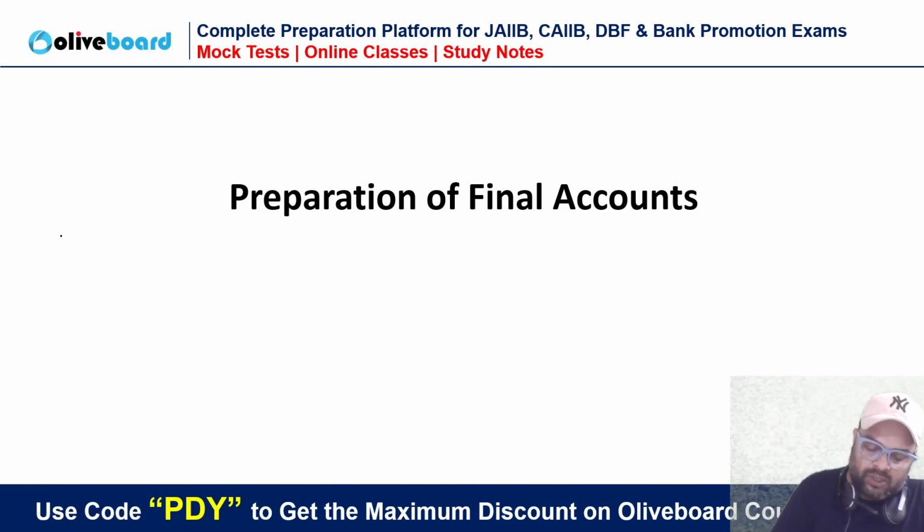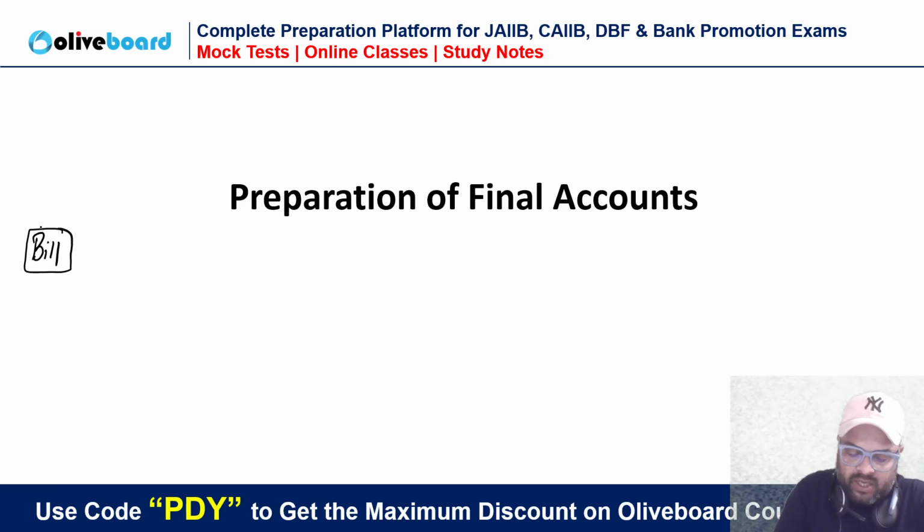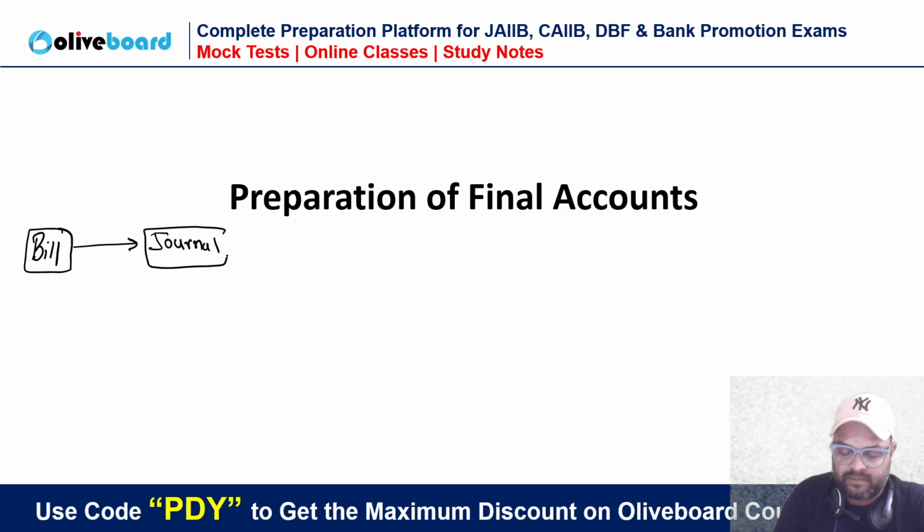So first of all, in any organization, a bill, or we can call it a voucher, is generated. Then this bill or voucher is recorded in the primary book of entry, that is journal. Once it is recorded in the journal, then it is transferred to the next document called ledger.